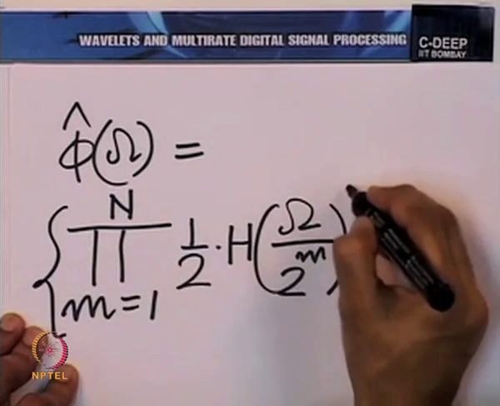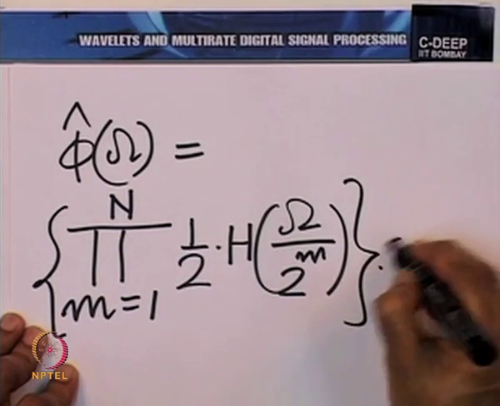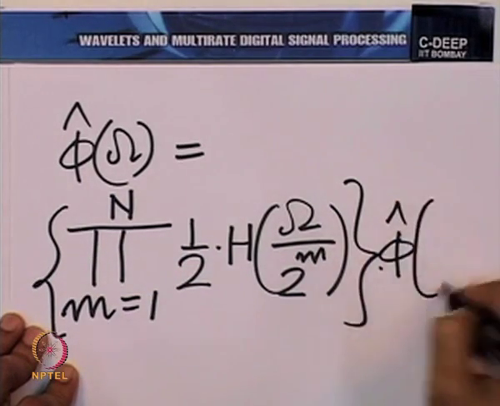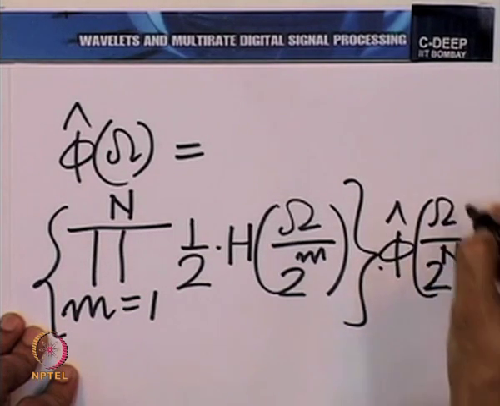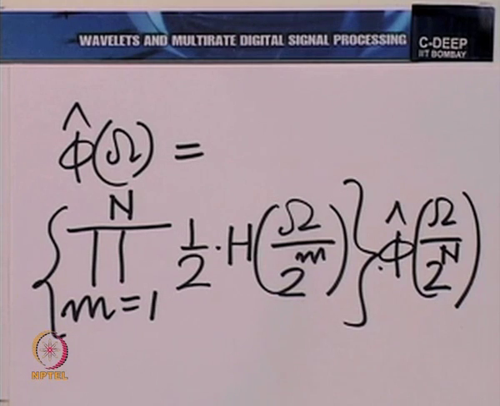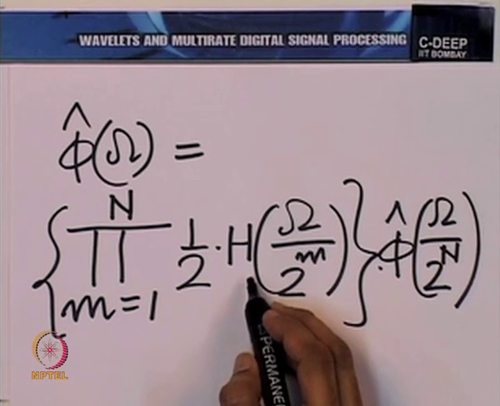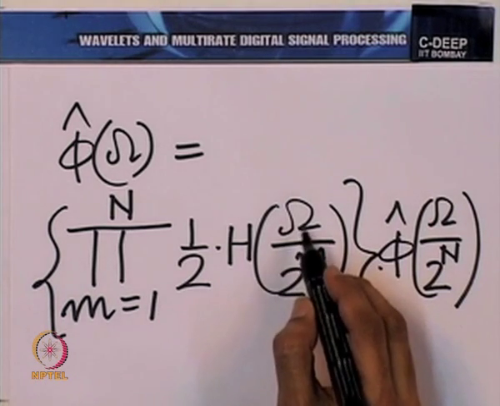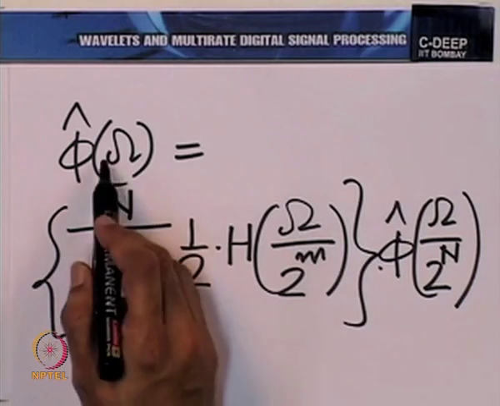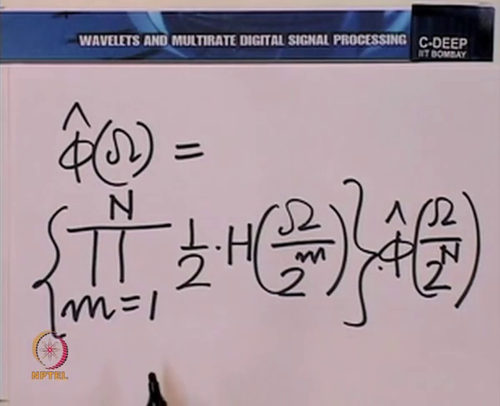This product is then multiplied by phi cap of omega by 2 raised to the power capital N. So, we have a product of these so called discrete time Fourier transforms here. The only catch is now we need to use the analog frequency variable, because we are dealing with analog frequencies here and here.